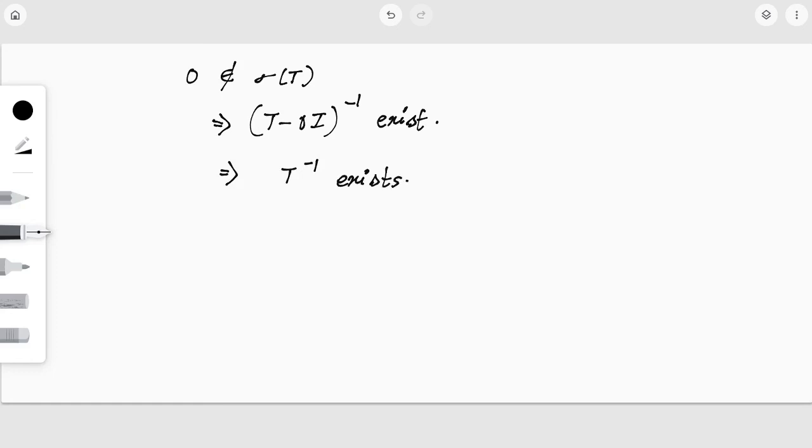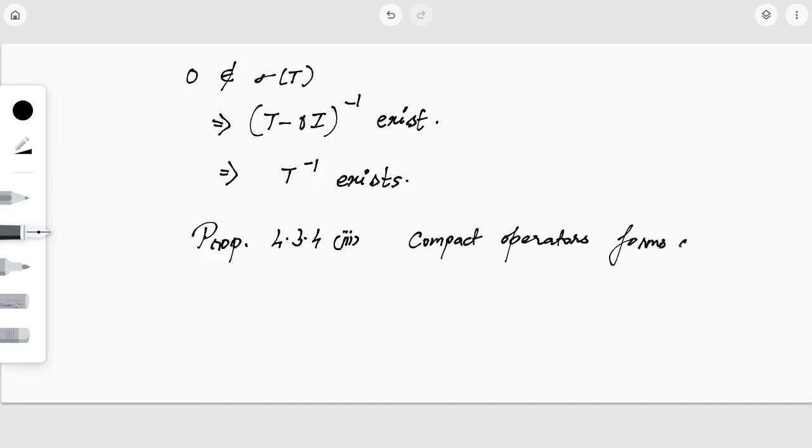Now we'll be using proposition 4.3.4, so just go through it. In the third part of 4.3.4, we had proved that the collection of compact operators forms an ideal. Now we all know the definition of an ideal, right?